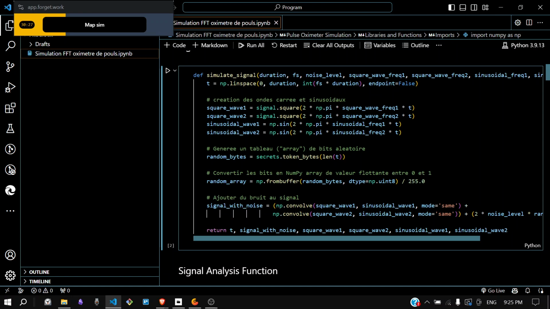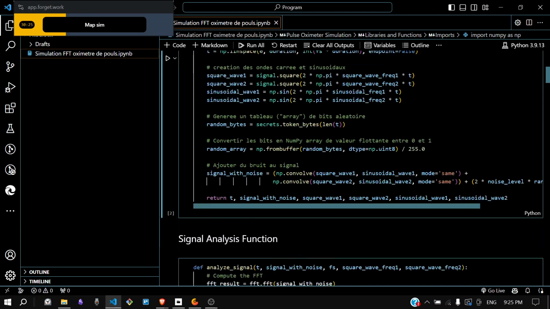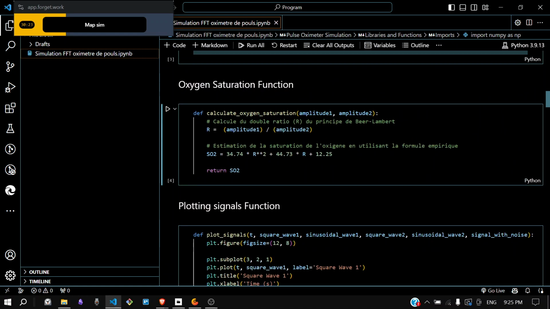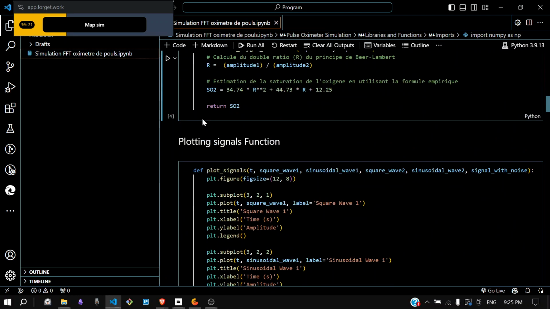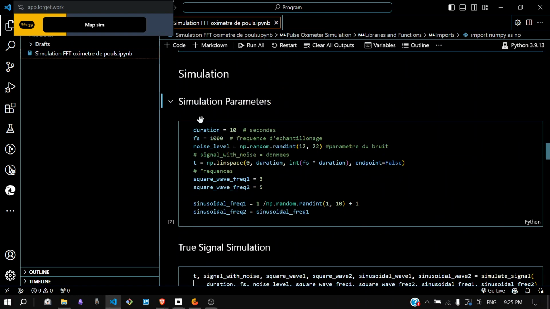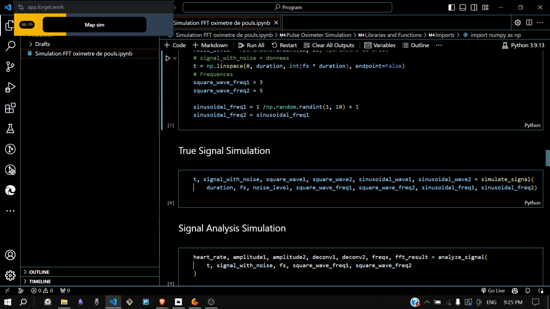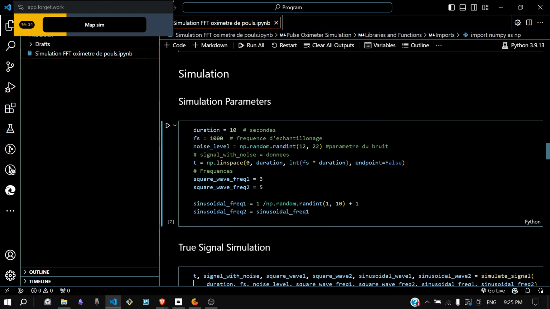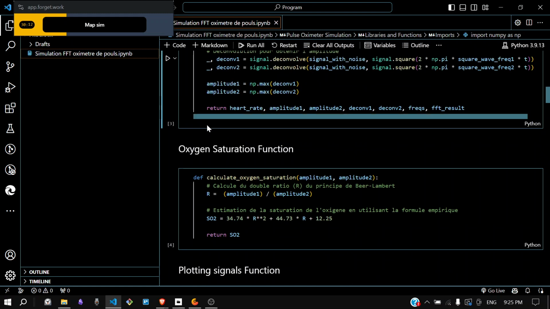So first, we define a few functions. These functions play a critical role in the outcome of my program. So I have three main functions.